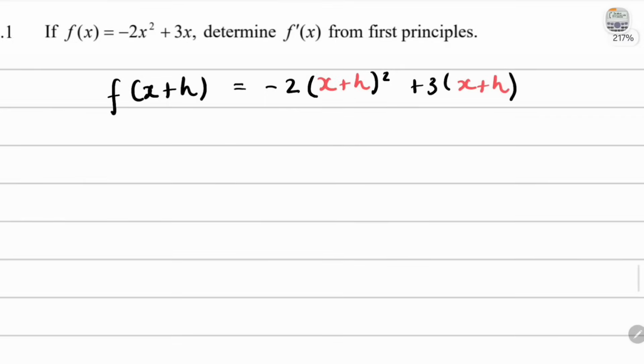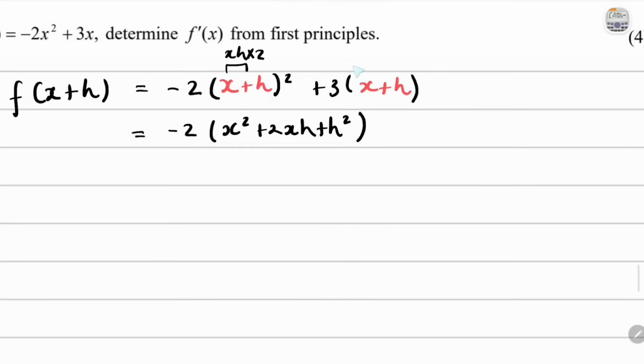And let's distribute. So this is equal to, we still have negative 2. And here you can decide to say x plus h times x plus h, or you could just use this method. So we say the first term squared, which is x squared, the last term squared, which is positive h squared, and then first times second term is xh, and then we just multiply that by 2, so positive 2xh.